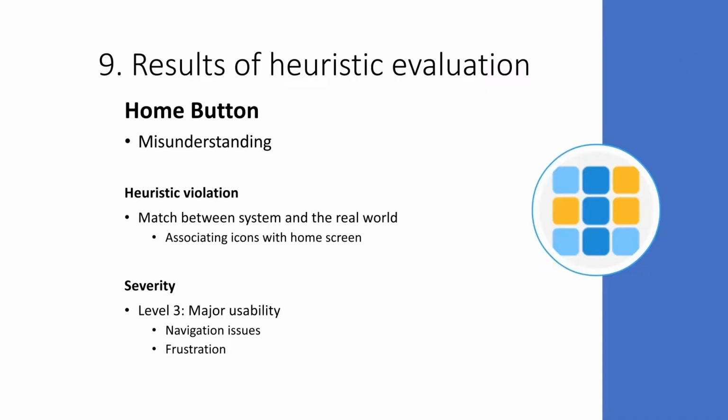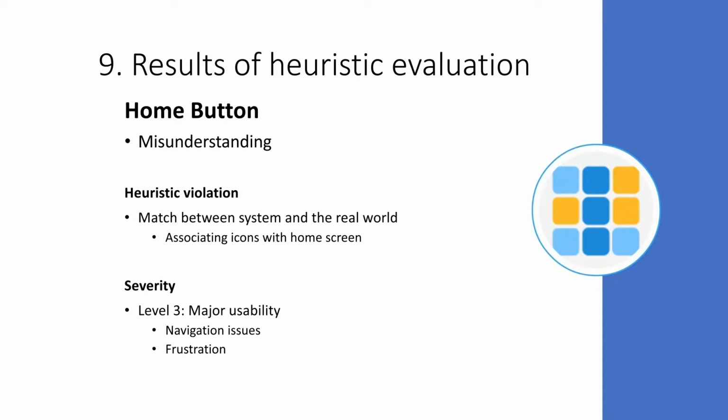We're now showing you our heuristic evaluation results. Our first major issue was the home button. As you can see to the right, you get an icon of it. The issue was that some users might misunderstand and confuse the icon and not understand what it does.